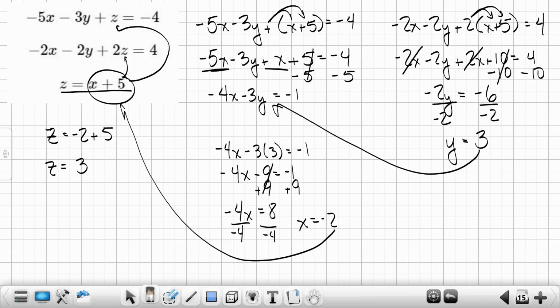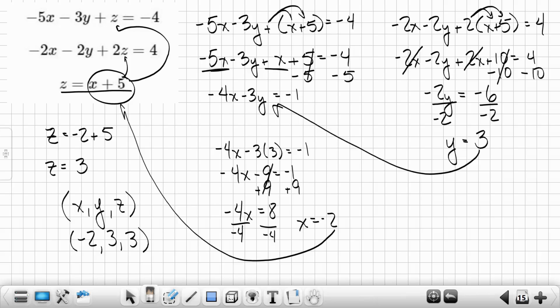So my final solution, the way I should write it, is as a 3-variable coordinate in x, y, z alphabetical order. It's an x, y, z coordinate, so my solution is negative 2, 3, 3. And that's solving by substitution.